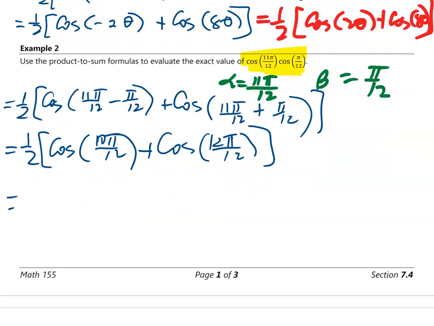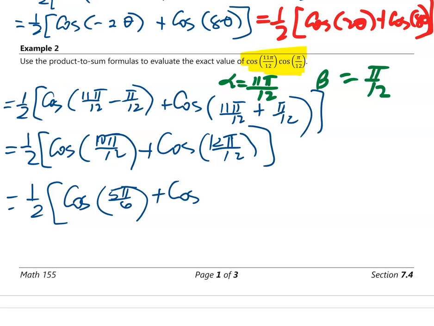And 10 over 12, we simplify to 5 pi over 6. 12 over 12 is 1, so this is just cosine pi.